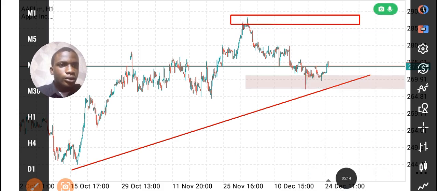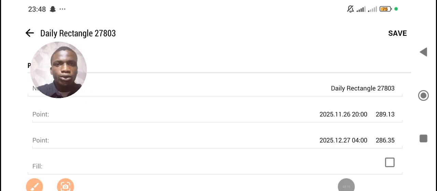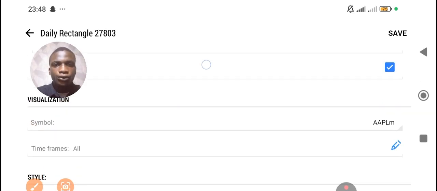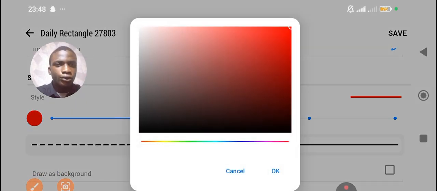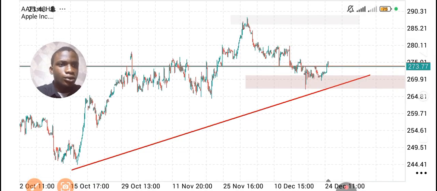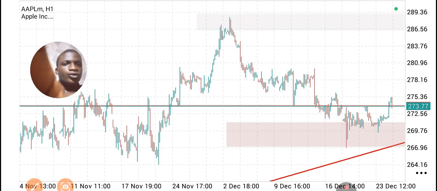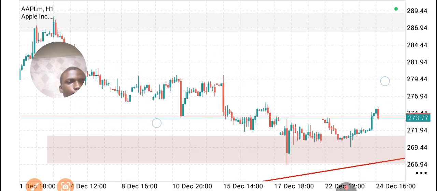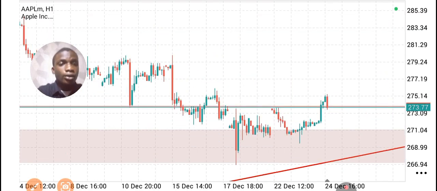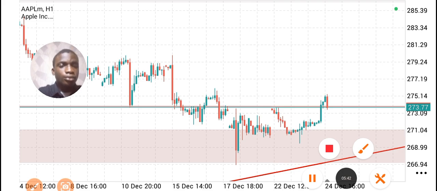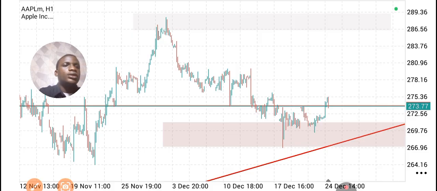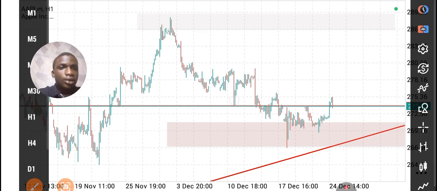So I'm editing the zone view. So the zone is clear now. So this is where we are working with.